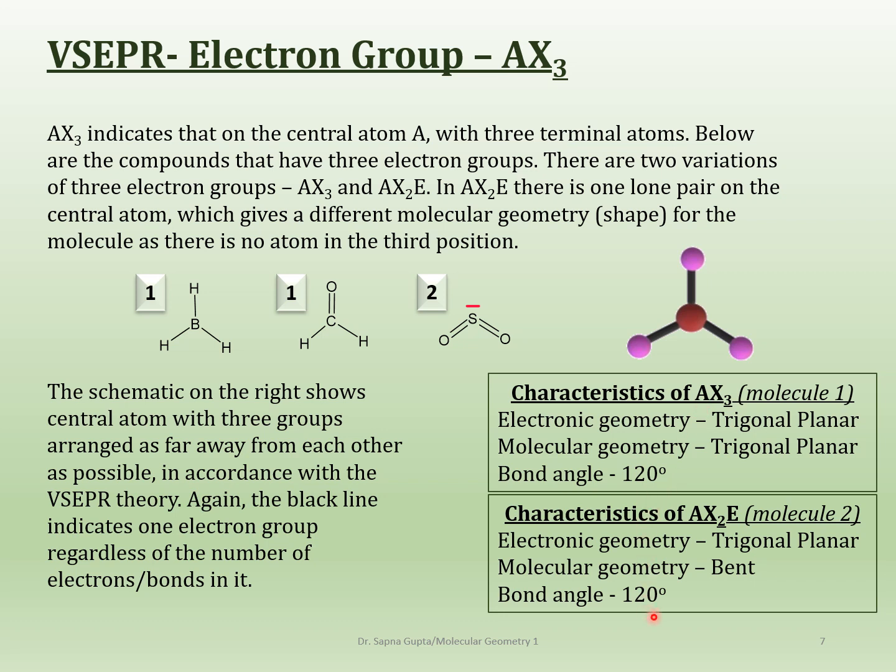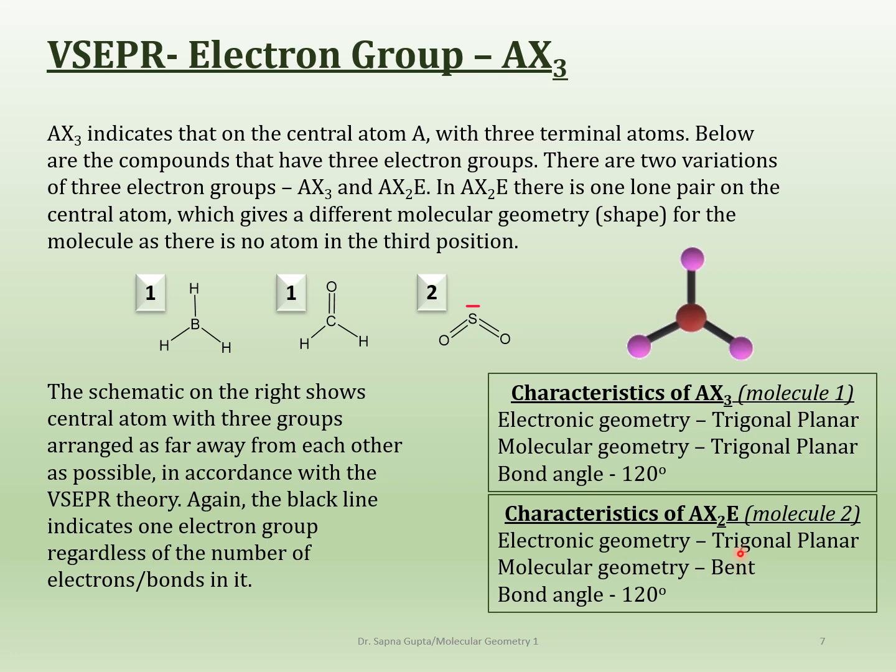Why? Because the electronic geometry is trigonal planar. The bond angle is related to electronic geometry. The shape of the molecule is not related to electronic geometry. In some ways it is, but the bond angle is more related to electronic geometry.